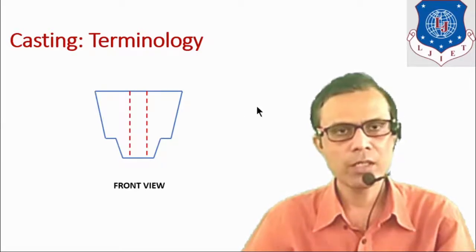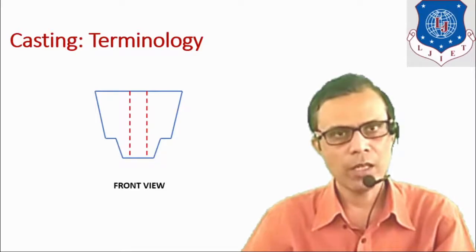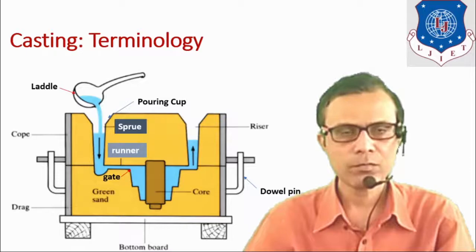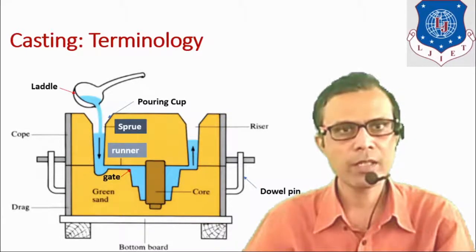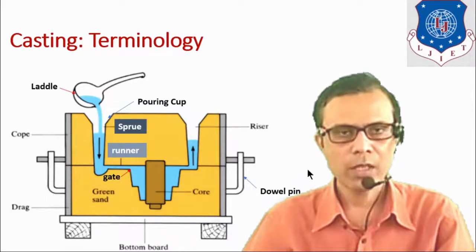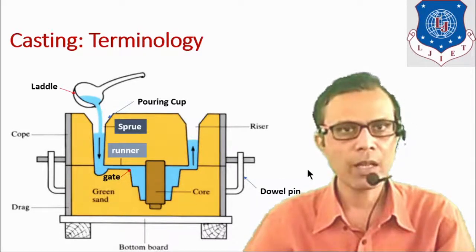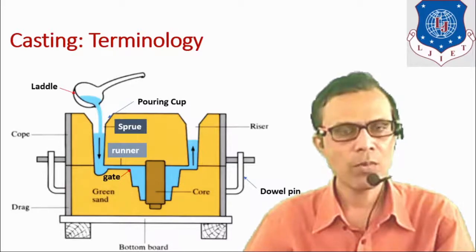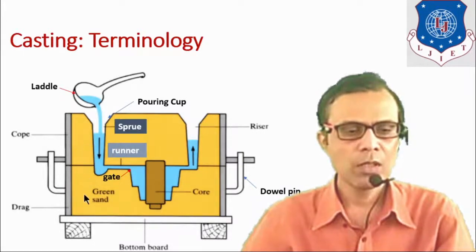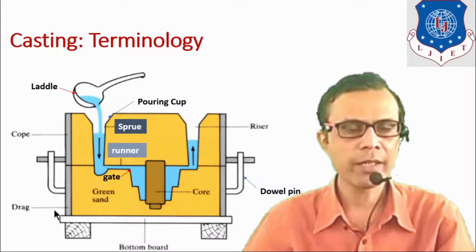Now let us see terminology and what are the equipments related with the casting. So here one complete casting setup is shown. This whole box is known as molding flask. It is made up of two parts. Upper part is known as cope, lower part is known as the drag.